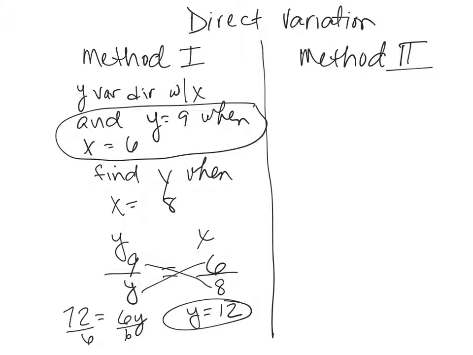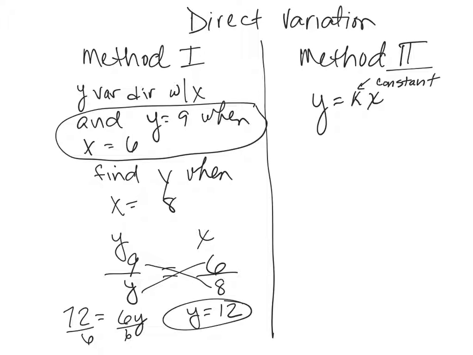Method 2, the equation of a direct variation is y equals kx, where k is a constant. Okay? So you have to know 3 equations when you're doing direct, joint, and inverse variations. You have to know 3 equations. Y equals kx is the one for direct.